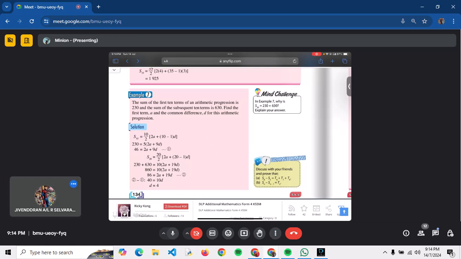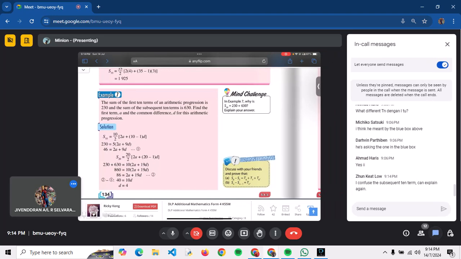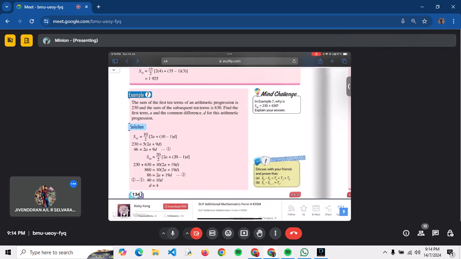Okay. They said the subsequent 10 terms. Okay, that means, they said sum of first 10 terms is 230, and then they say sum of subsequent 10 terms is 630. That means the following 10 terms after the first 10 terms is 630.